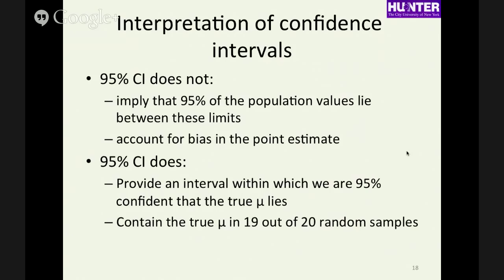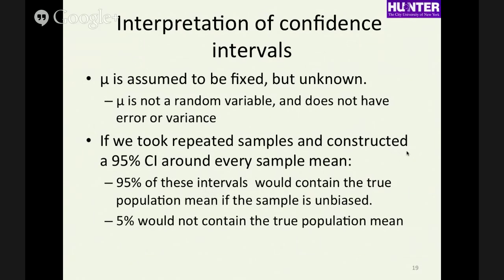Does that answer your question, Sarah? So remember that this population mean, it's something that we assume is fixed and there's some true value for, but we don't know it.